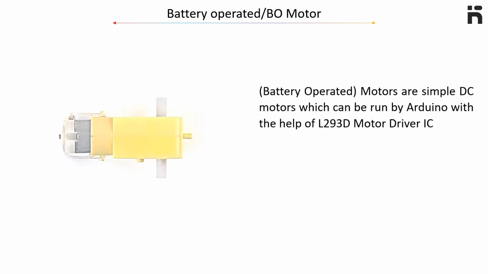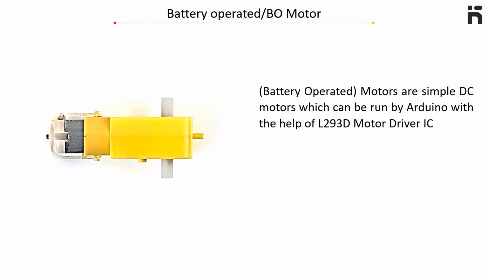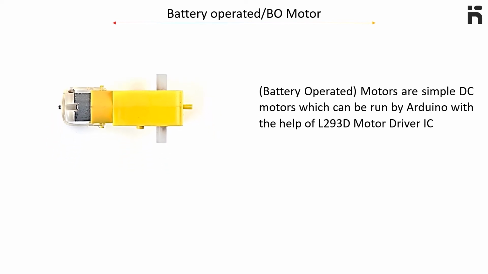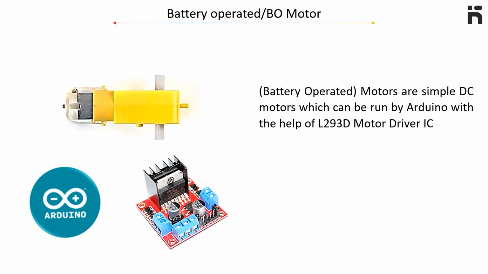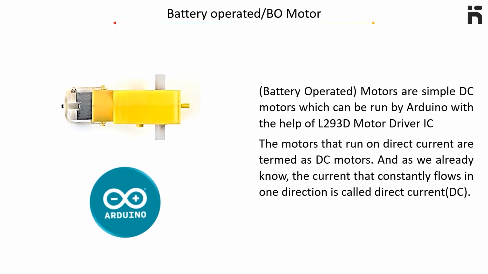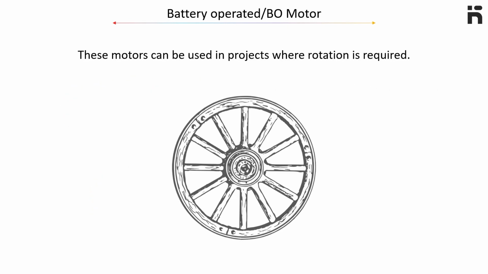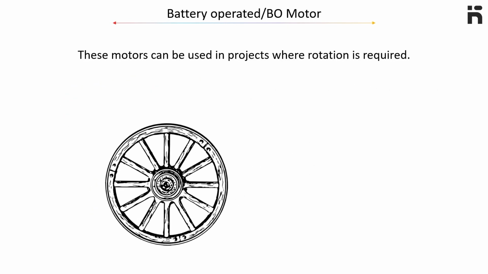Battery operated motors are simple DC motors which can be run by Arduino with the help of the L293D motor driver IC. The motors that run on direct current are termed as DC motors, and as we already know, the current that constantly flows in one direction is called direct current. These motors can be used in projects where rotation is required.